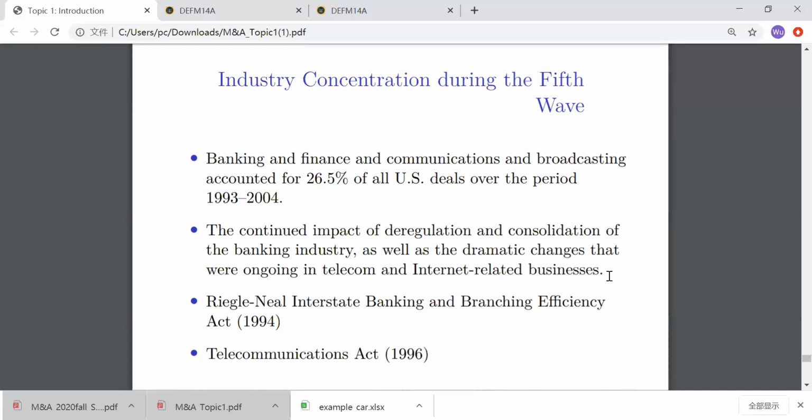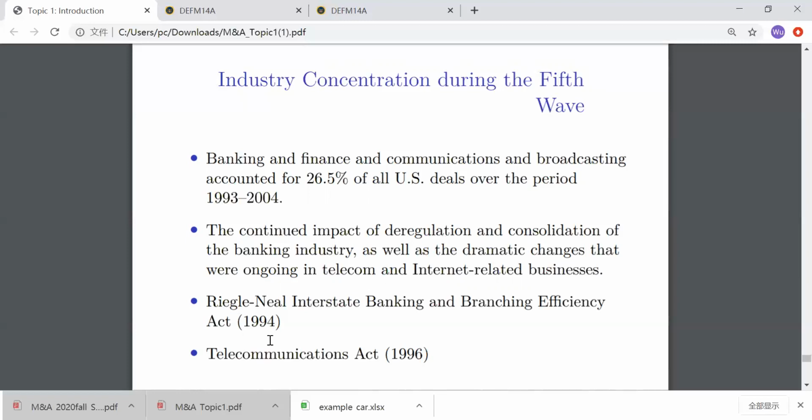The internet was first invented, so that drove technology development in internet-related industries like computers, software, and business services.